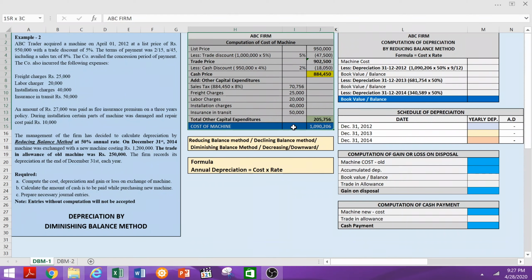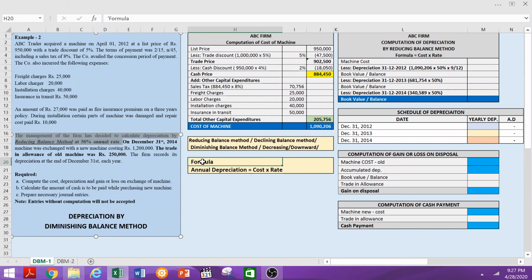So we are assuming, with the help of example number 2, that we are already aware how machine cost is calculated. So we proceed towards the second step, how depreciation is calculated with the help of the declining balance method or diminishing balance method.